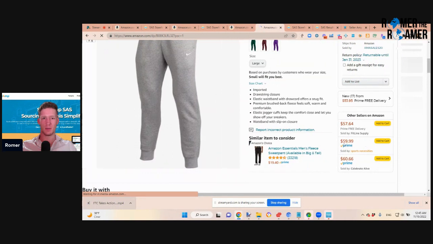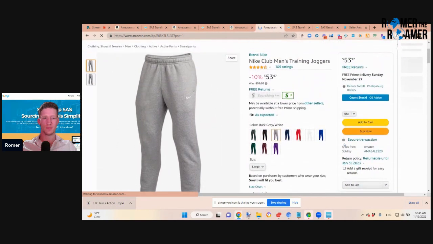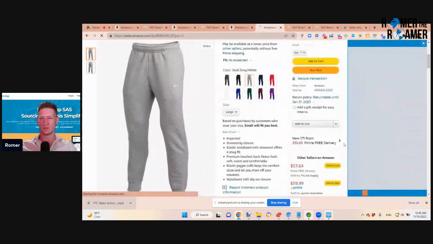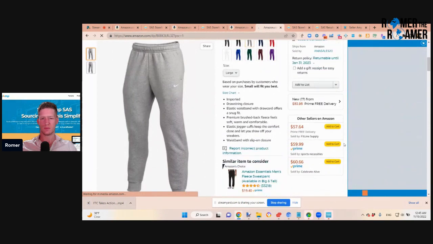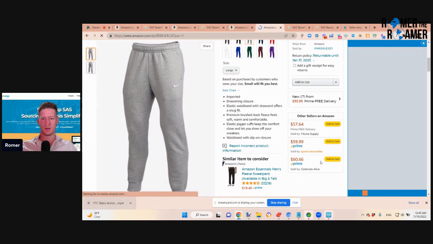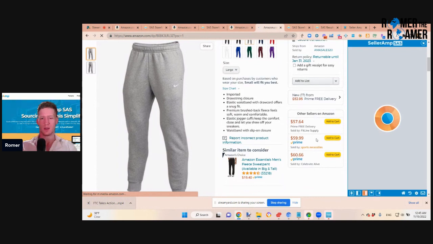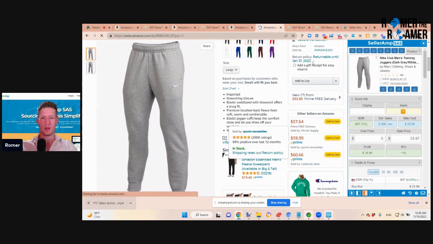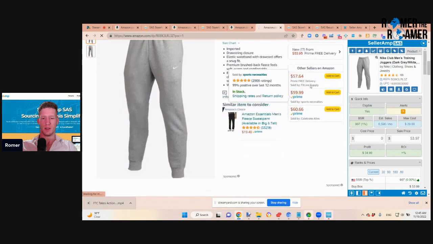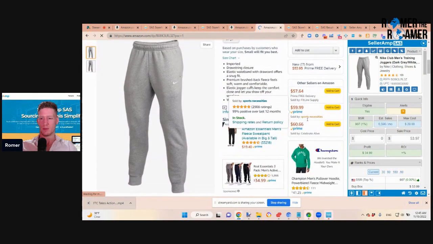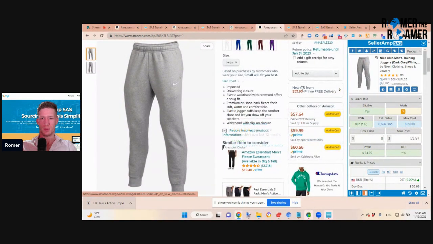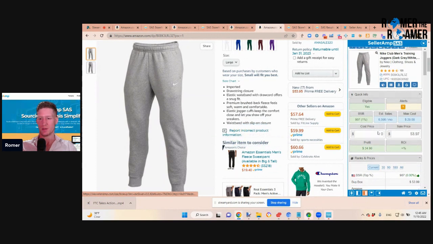We'll let Seller Amp load. This is like a side buy box here, this is like the second best, this is the main buy box up here, and then down here we have a little side buy box action. And we have the people in last place right here.